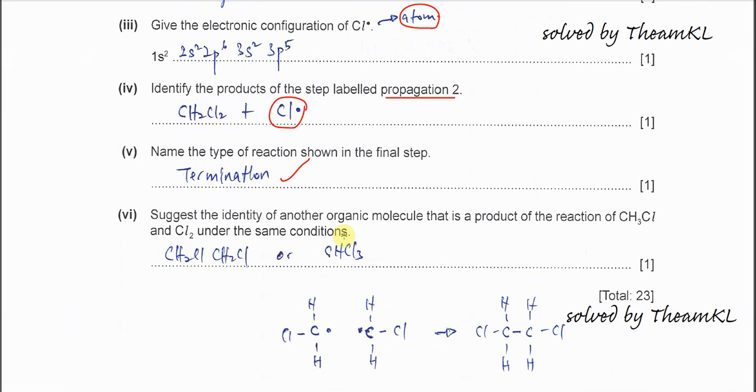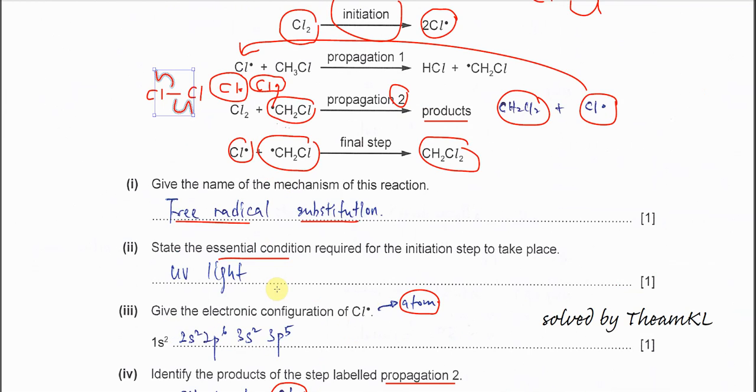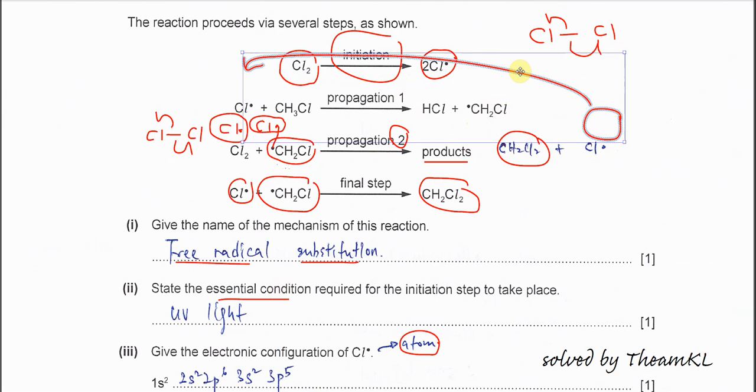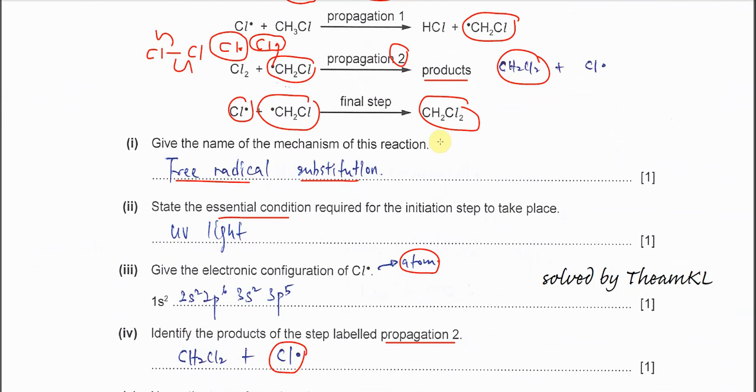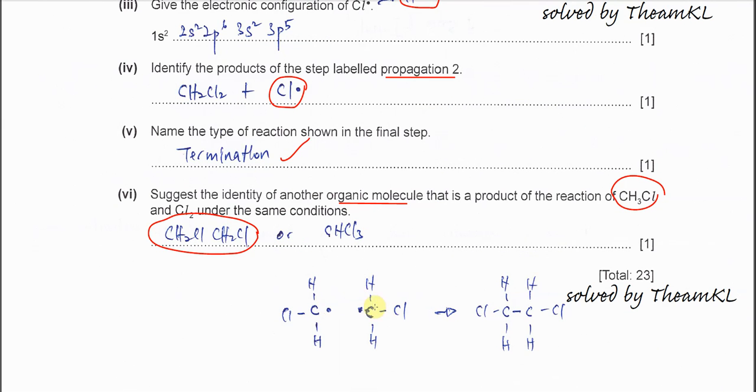Suggest an identity of another organic molecule that is a product of the reaction of CH3Cl and chlorine. The better answer is CH2Cl-CH2Cl. Why? Because we know that the propagation forms CH2Cl radicals, and two of these radicals can combine to form a new bond, giving this dichloroethane.